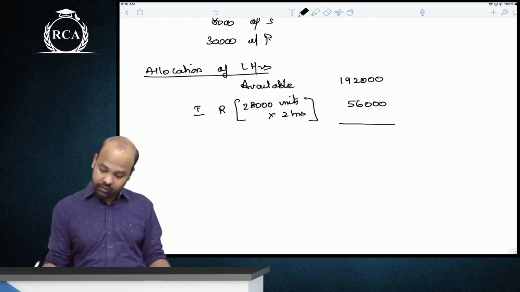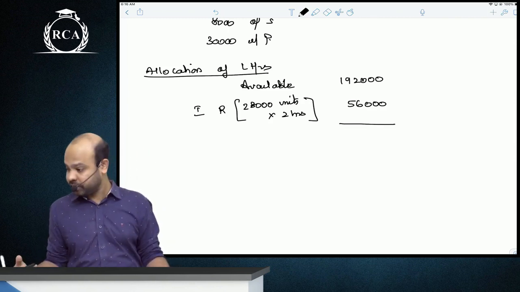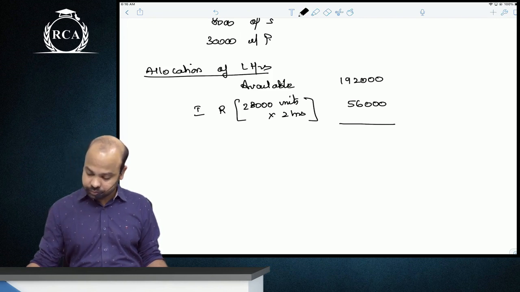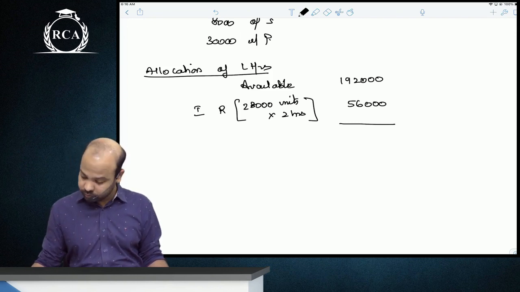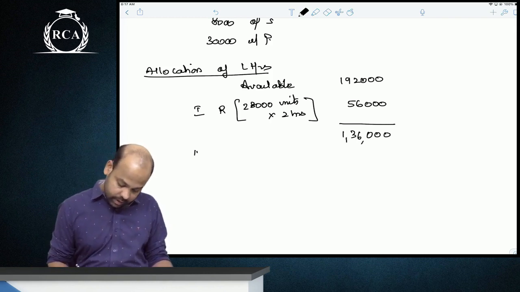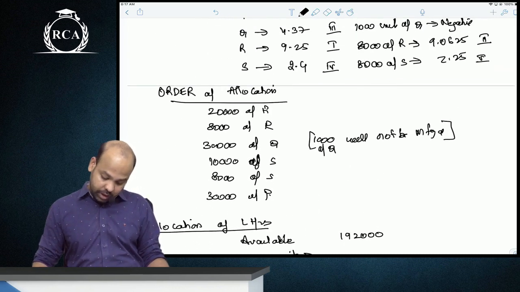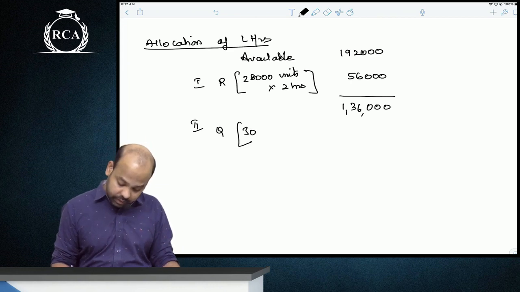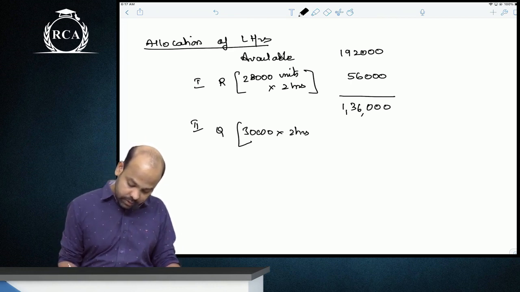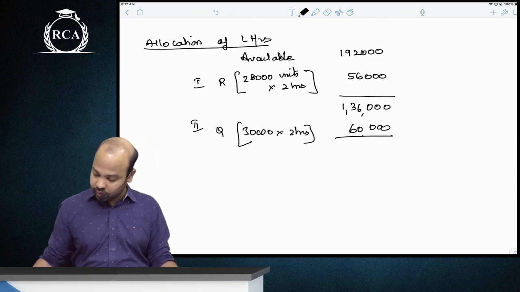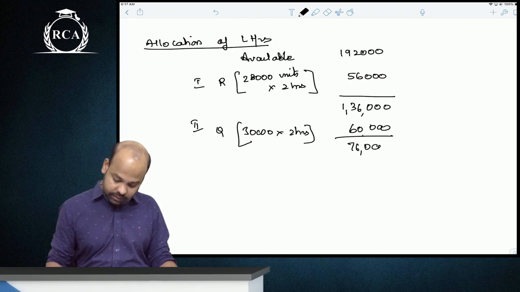So after 56,000, you will be left with 1,36,000 labor hours. After that, preference will be given to product Q, 30,000 units multiplied by 2 hours, so that would be 60,000. And you will be left with 76,000 labor hours.